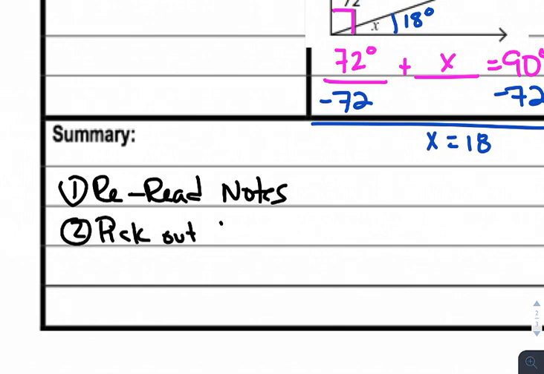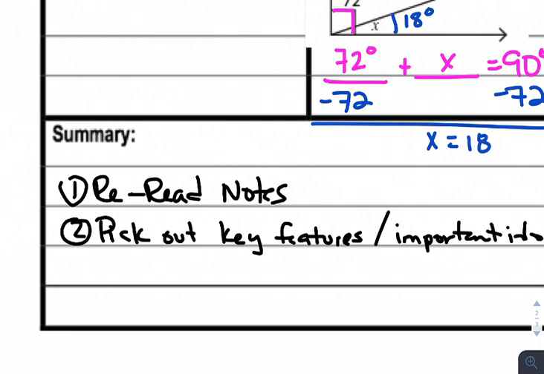And then just write two or three sentences that summarize the key features and also the essential question.